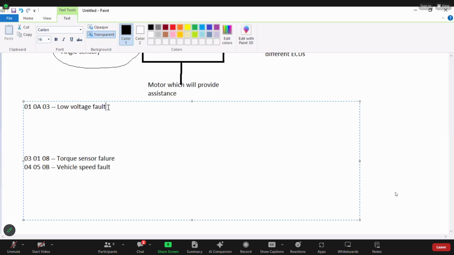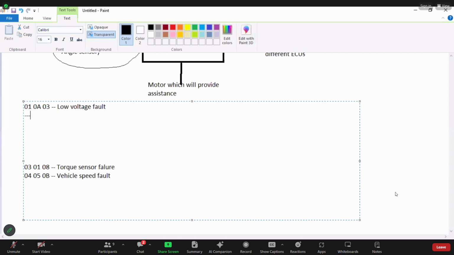Then that fault will be called matured or confirmed. When a fault is matured, only then will DTC information be stored in the memory of the server.